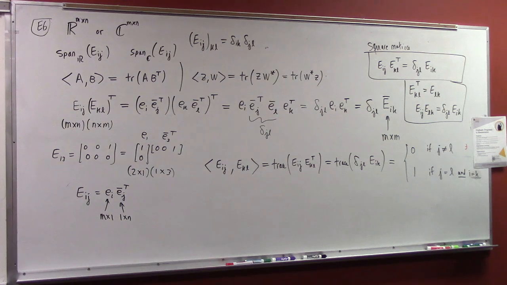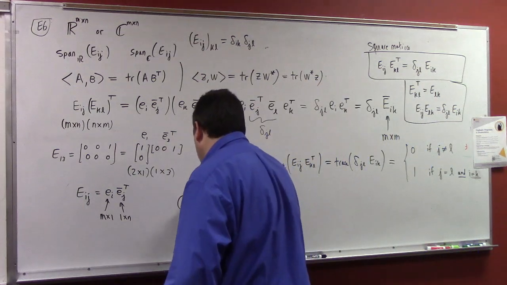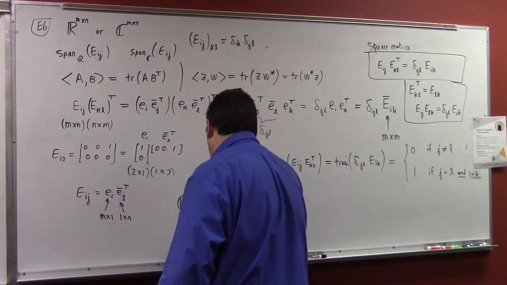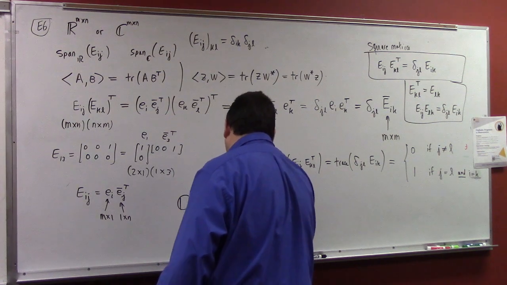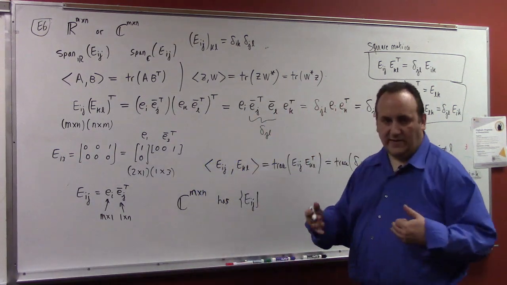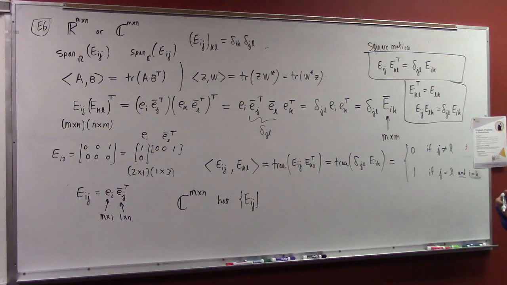Right. And we can go through the same song and dance. If we let complex m by n space, if we look at that, first of all, it has Eij, where i and j range over 1 to m and 1 to n as appropriate.